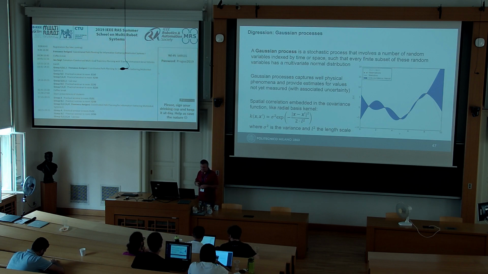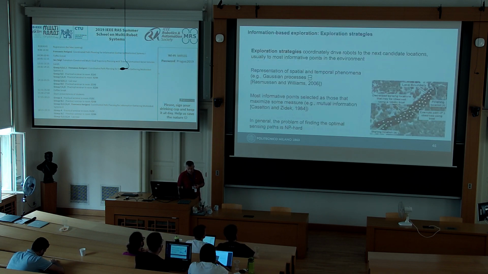And this is something that the Gaussian process can provide you. Okay, so once you have a way of representing your measured phenomenon, then you can select the most informative points, as the informative points that are maximizing some information measure.